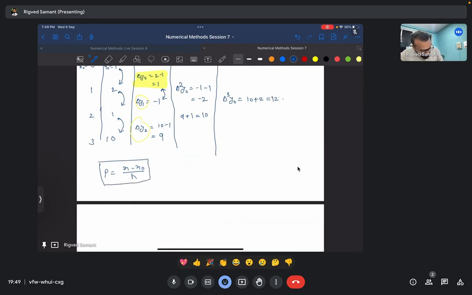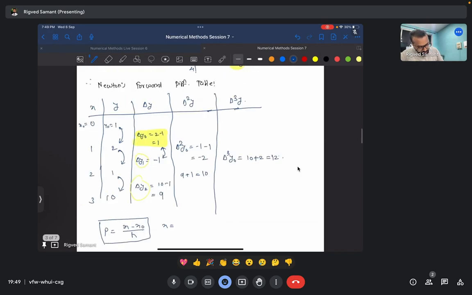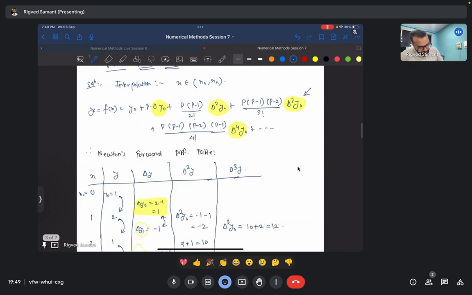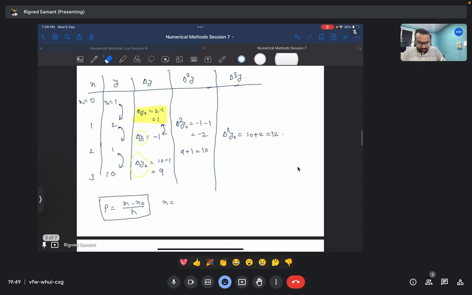And what is x? X is equal to this value, the value you are trying. You will put x at the end, not right now. You will just take a function call, like you know what is x naught and h. So h is nothing but the difference between these two.